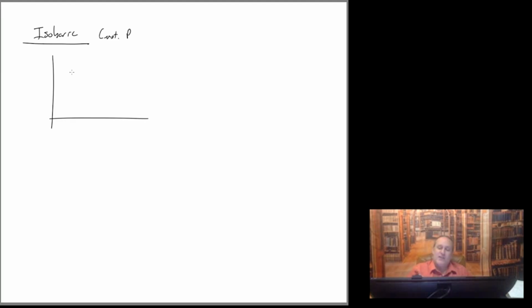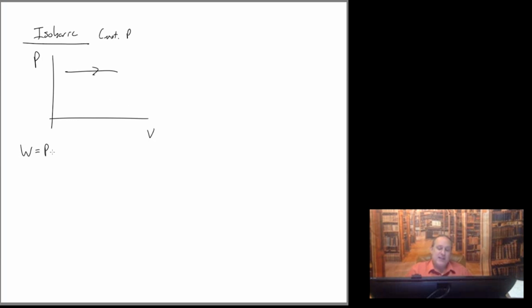If we draw the PV diagram for this, it's just a horizontal line. We've already seen a process like this. And we know that the work for this process is just the area under this straight horizontal line.